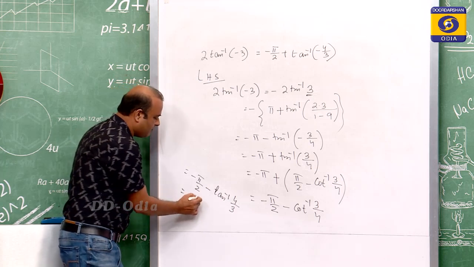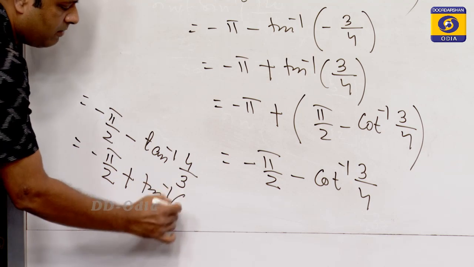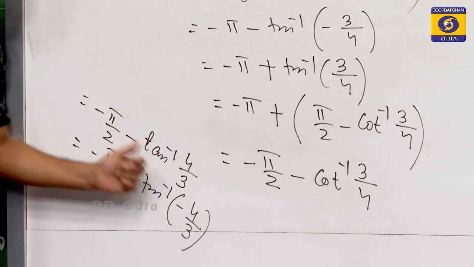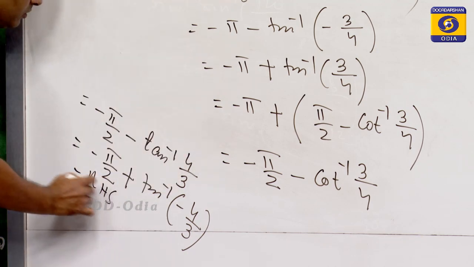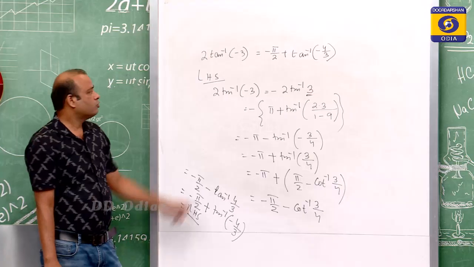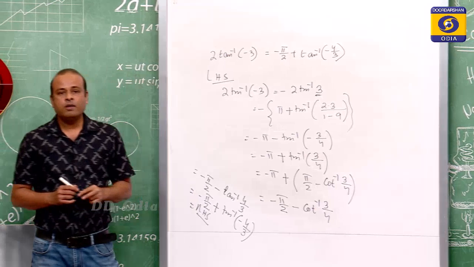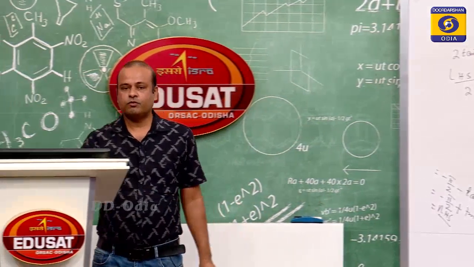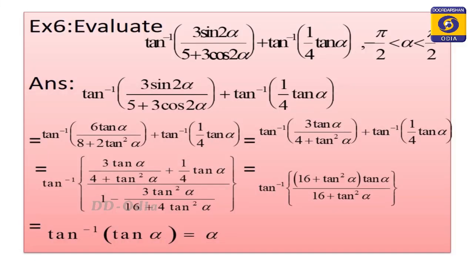Now you can write minus pi by 2 plus tan inverse minus 4 by 3, because tan inverse minus x is minus tan inverse x, which is equal to RHS. So you have proved 2 tan inverse minus 3 is equal to minus pi by 2 plus tan inverse minus 4 by 3. So let us evaluate tan inverse 3 sin 2 alpha.